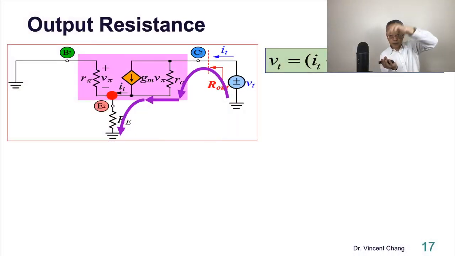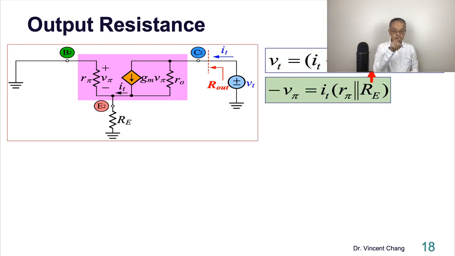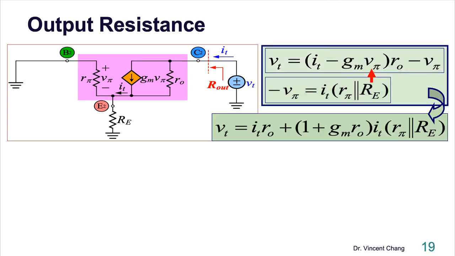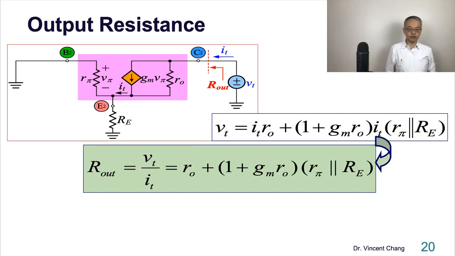IE times the resistance RE in parallel with r_pi. So use this term, Ohm's law, to replace the negative v_pi part. Then on the left hand side you see all the VT, and on the right hand side you see all the IT. The ratio is the answer. The ratio between VT, the testing voltage, and the testing current gives you the answer.